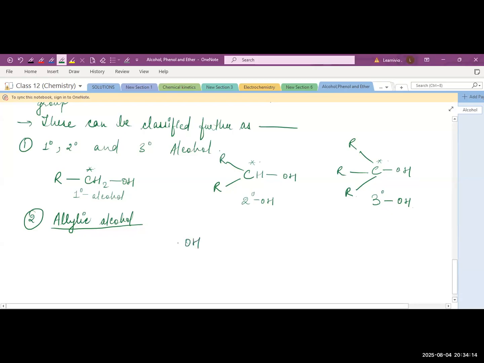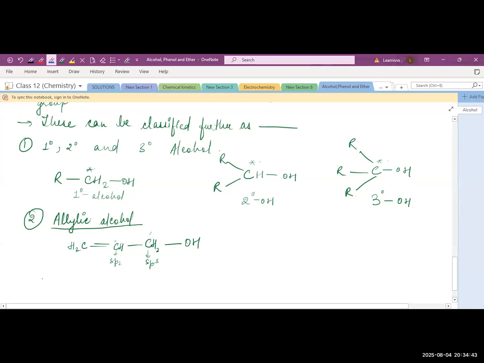The OH group is attached to your sp3 hybridized carbon, and this sp3 hybridized carbon is attached to your carbon-carbon double bond, which means this is your sp2 hybridized. This is your sp3 hybridized carbon, and this carbon is known as your allylic carbon.